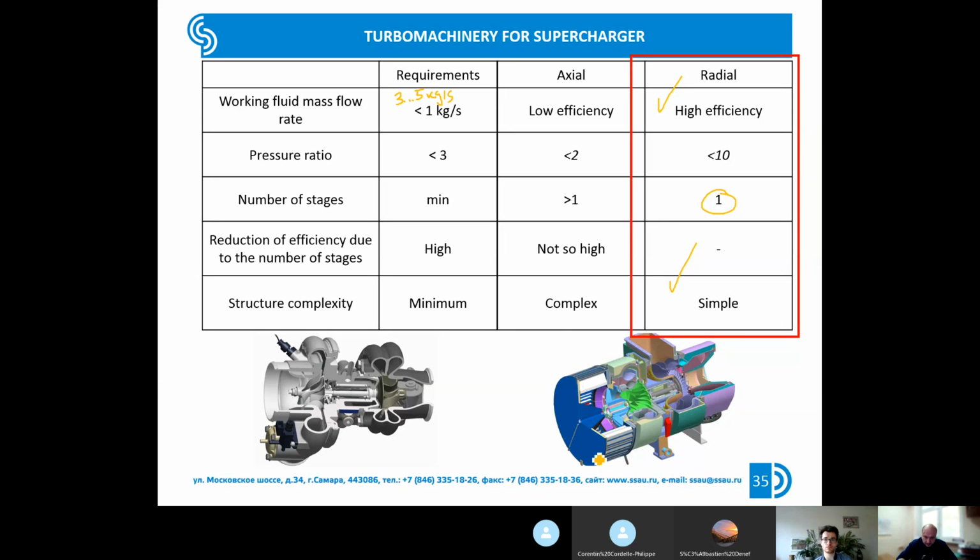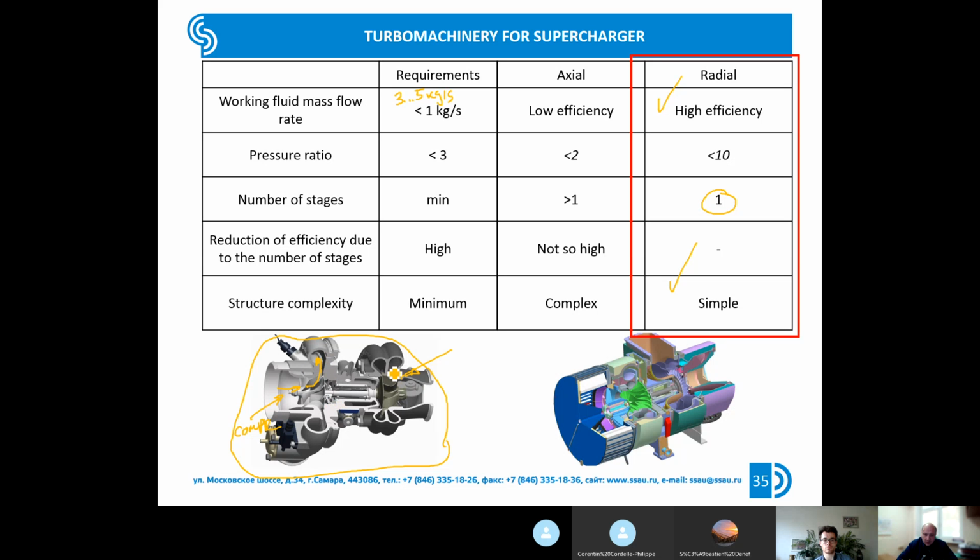And a typical turbocharging system looks like in this picture, and you see a centrifugal compressor and a centripetal turbine. Here the flow comes in in the axial direction and comes out in the radial direction.